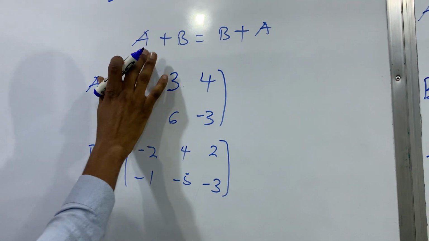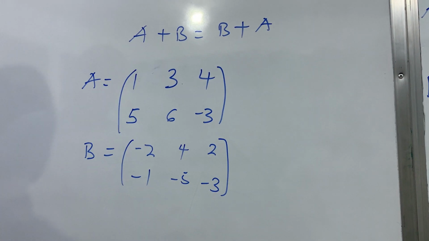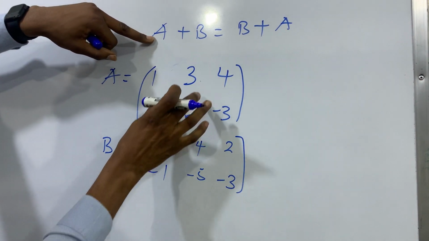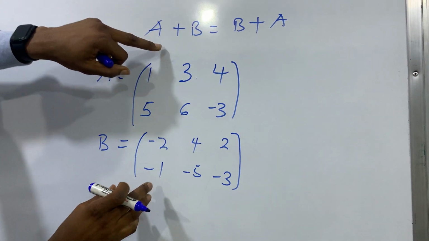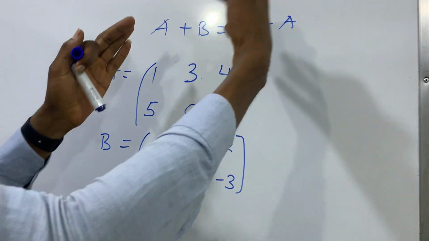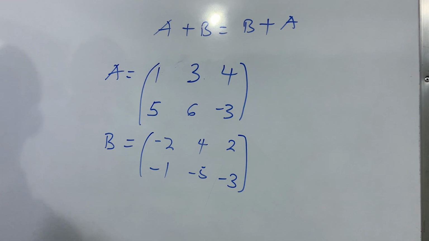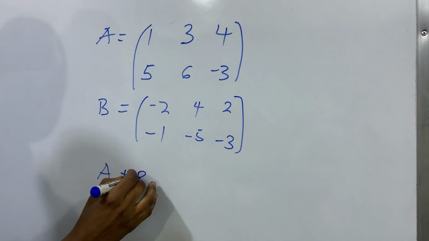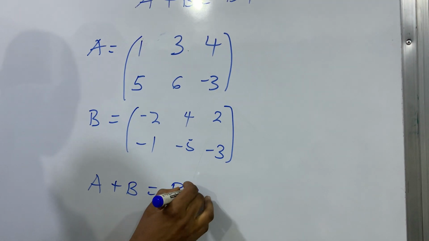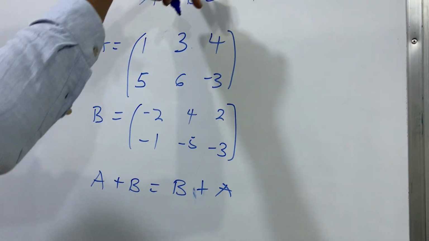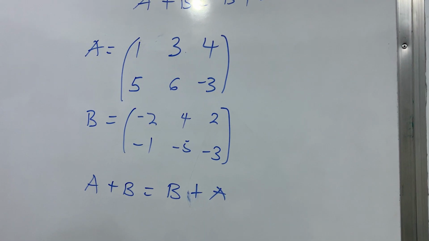Let's prove whether this is possible. So wherever we see A, we put this matrix there, and wherever we see B, we put this matrix there. We do the same on the left side and the right side. So we have A plus B equals B plus A, to prove whether addition is associative or commutative.